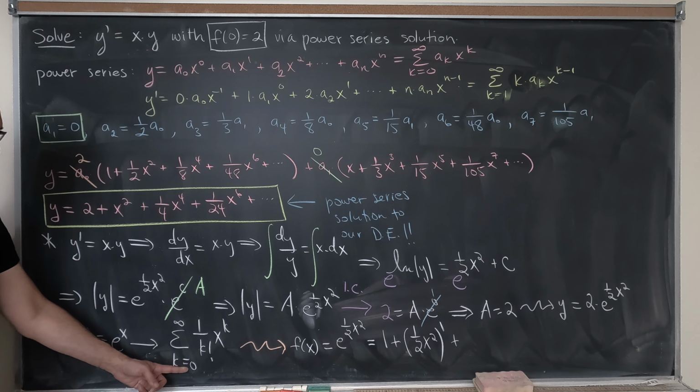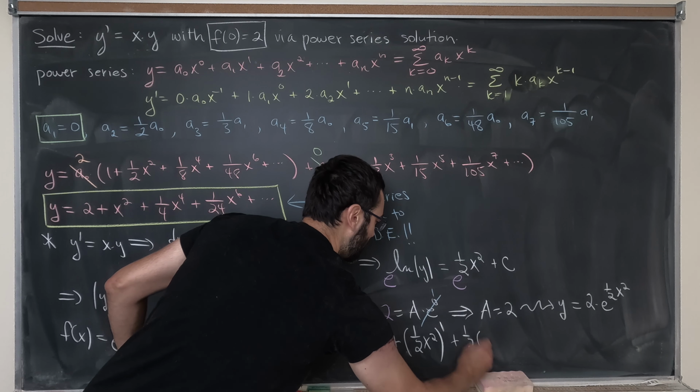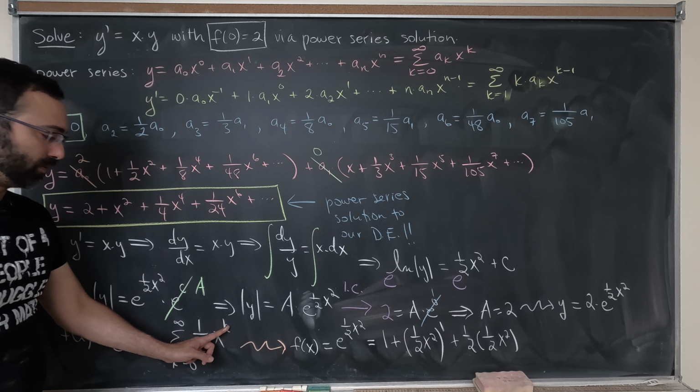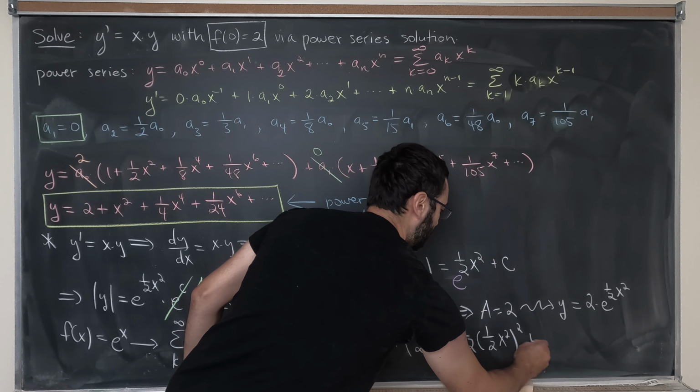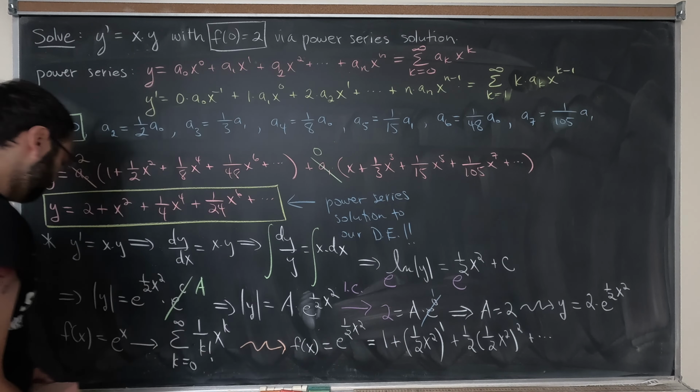Plus, when k is 2, we get 1 over 2 factorial, which is a half, times 1 over 2x squared to the power of 2. And so on. Now, what does this reduce to?